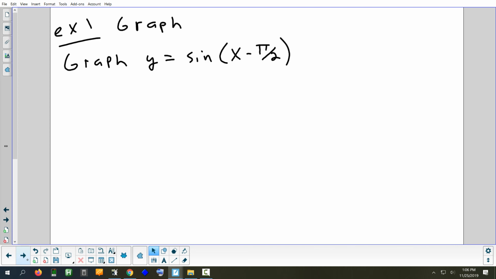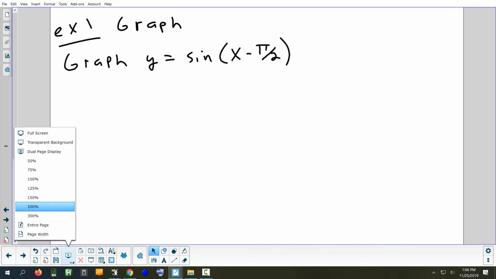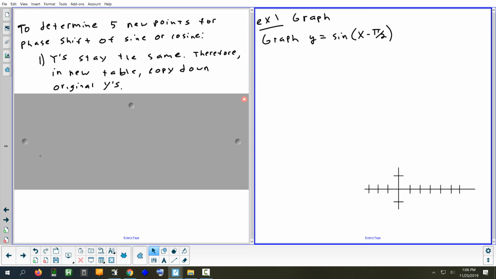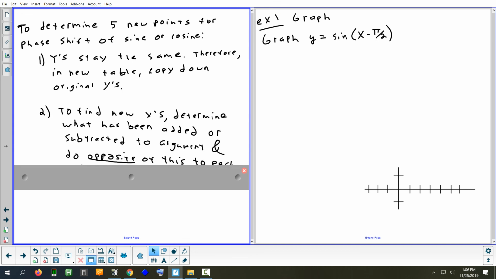So the first one we're going to do is going to be a sine problem. Next, you look at your argument. In this case, it's x minus pi over 2. We know that a minus should shift it which way? To the right. The only way you can move x values to the right is if you increase them.